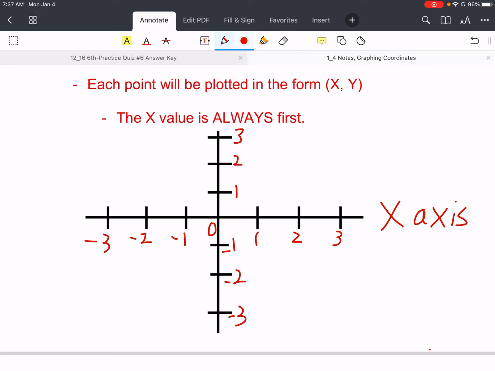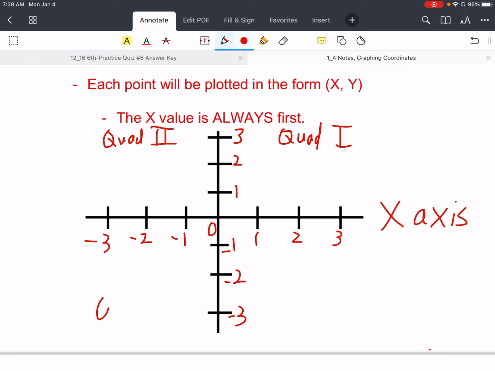Our first quadrant has positive numbers, so this would be labeled as quadrant 1. And we're going counterclockwise. So quadrant 2, and they're using Roman numerals.